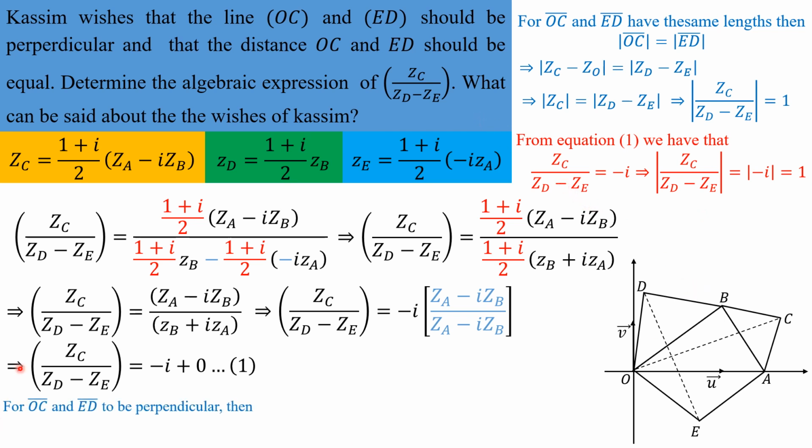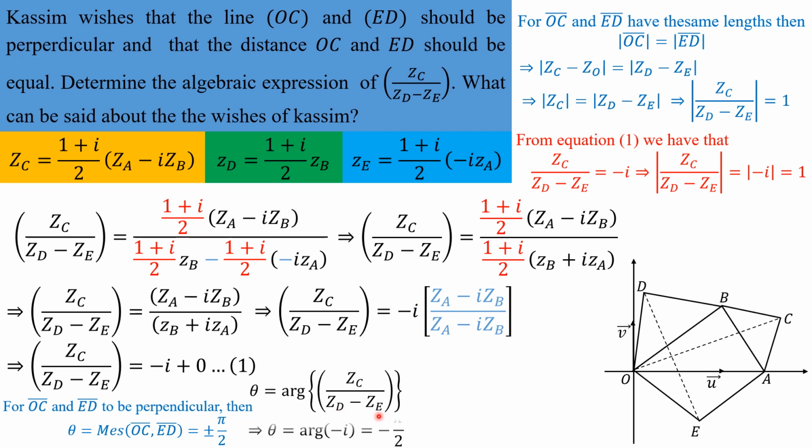Now for the perpendicularity, we know that for two lines to be perpendicular, the angle between them should be plus or minus 90 degrees, or plus or minus pi on 2. But the angle between the two lines is just the argument of the complex number ZC divided by ZD minus ZE. That complex number is just negative i, and the argument of negative i is negative pi divided by 2.